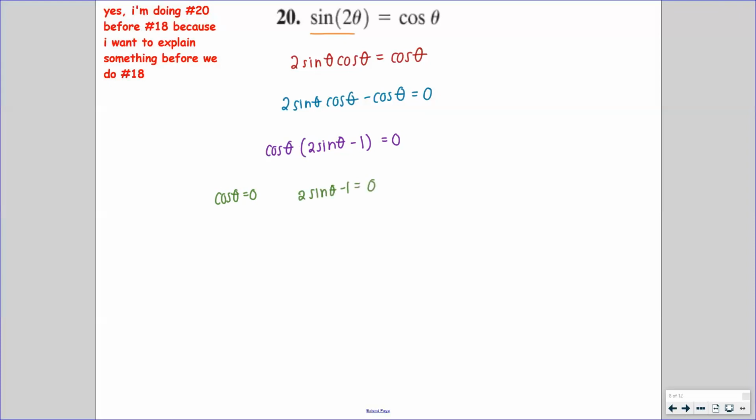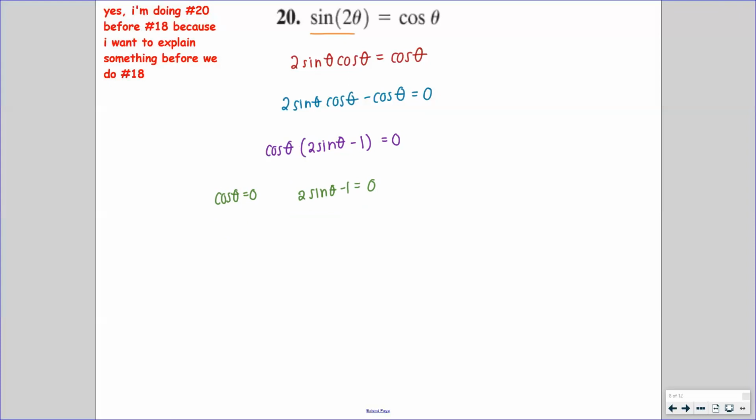So remember, when I did it and you guys had your pencils down, the only thing we had was this one. We lost the information related to the cosine of theta equals 0 when we divided and canceled. So here's what I need you guys to do.